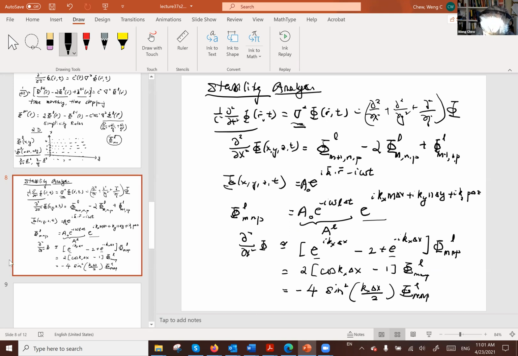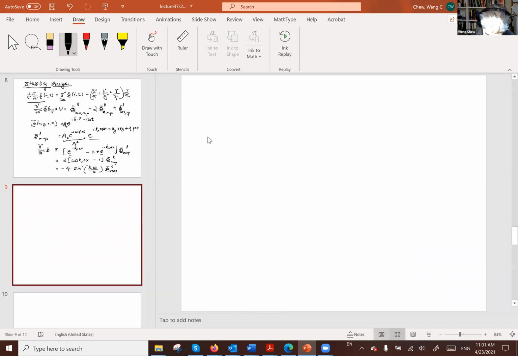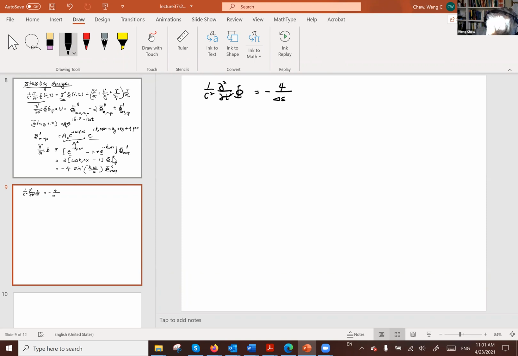The right-hand side of this, after making the finite difference approximation, becomes something like 1 over c squared. I haven't made approximations to my time derivative yet. And then I would have something like minus 4 over delta s squared.